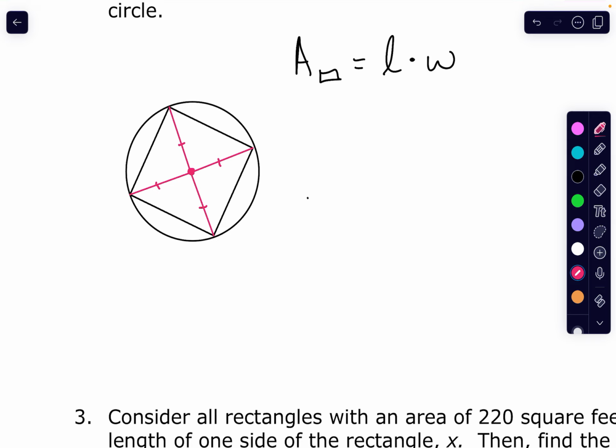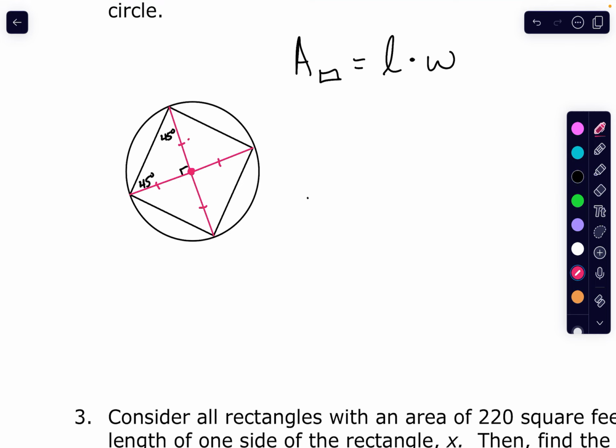If you remember your properties from your freshman year honors geometry, you know that these are perpendicular bisectors, and they intersect at a 90-degree angle. Meaning this is an isosceles right triangle. Each of these angles are 45 degrees because if the legs are the same, the base angles are the same.